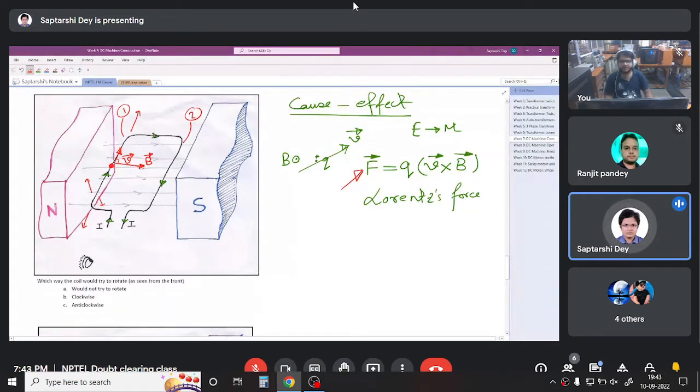Whatever force the charged particles experience, the total is experienced by the conductor. So in what direction will this conductor experience a force because of this Lorentz force? Can you tell me, using the Lorentz force equation?